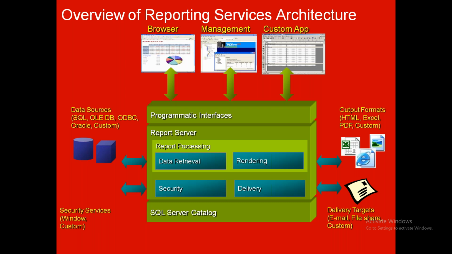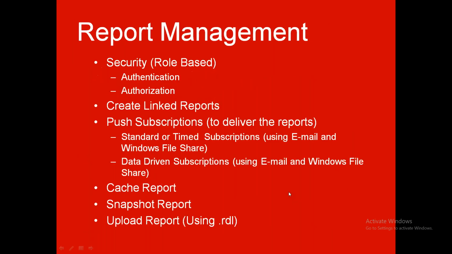That is what is called push subscription. Clear? So you go to the web, you choose the report, you download the report. That is pull subscription. Or you give your email ID, you ask the report server to send the report to your email. So that is what is called push subscription. So delivery will have pull and push. This is also something we're going to discuss.